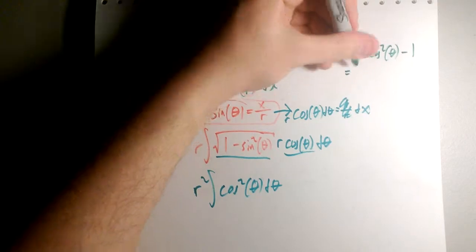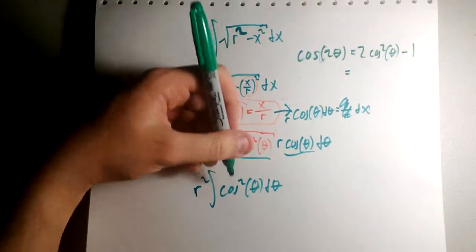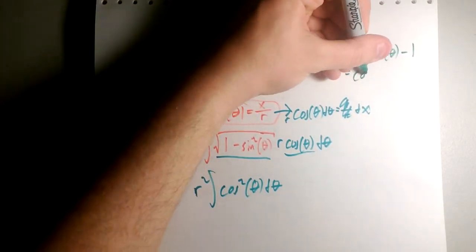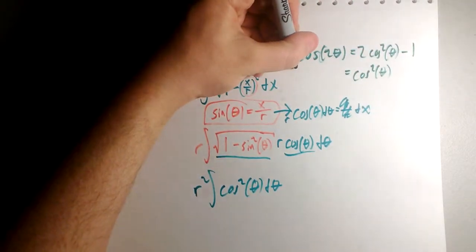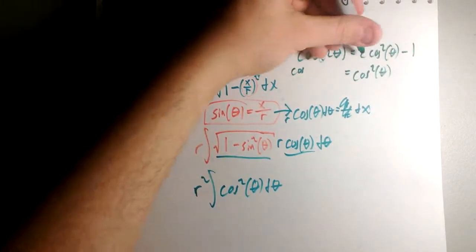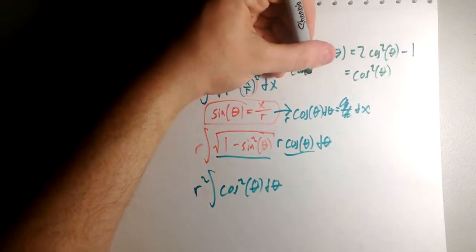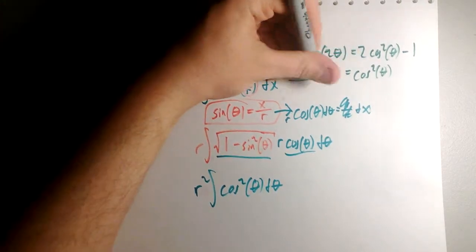And if you want to rewrite it, you can just replace it with cosine. Cosine squared theta is equal to cosine 2 theta, you add the 1 and you divide everything by 2.